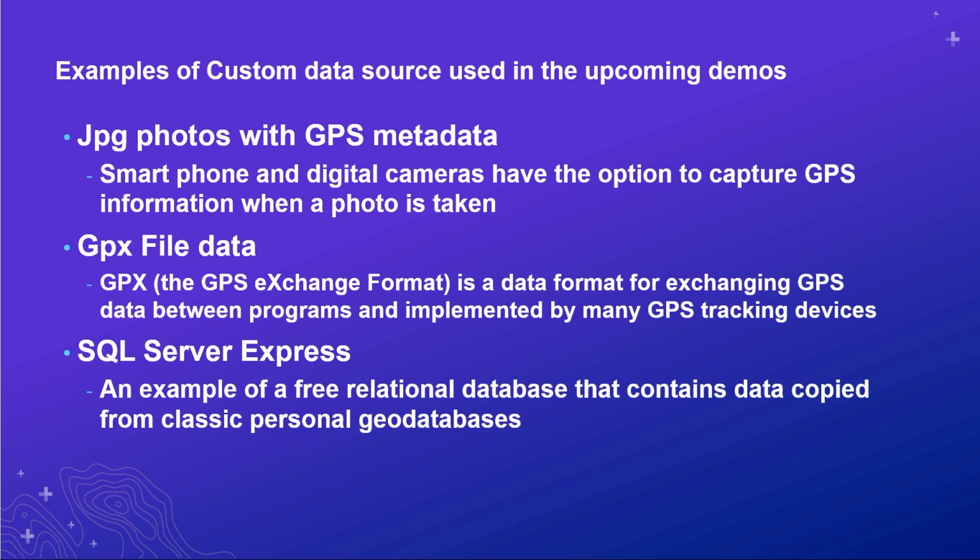So that's the first one. The second one is a GPX file. GPX is the GPS exchange format that's used by many GPS tracking devices, such as your Garmin device, to exchange tracking information about your hike or your drive or whatever you're tracking.